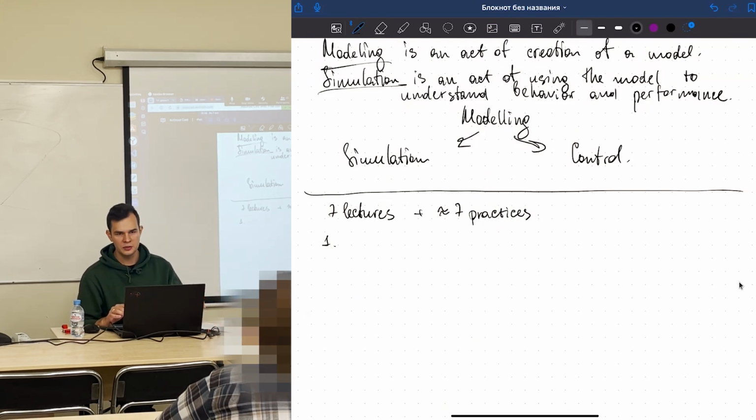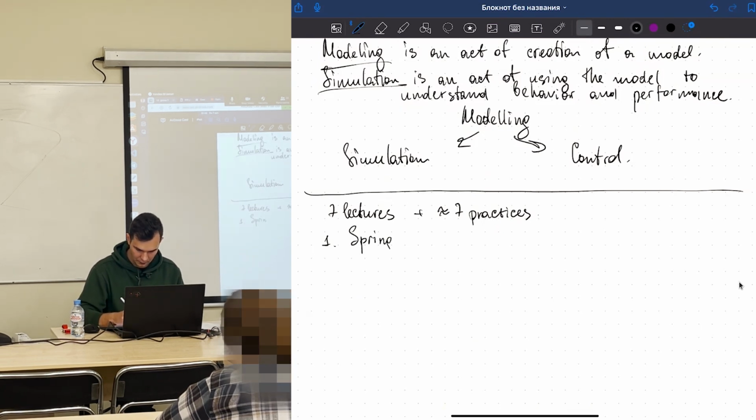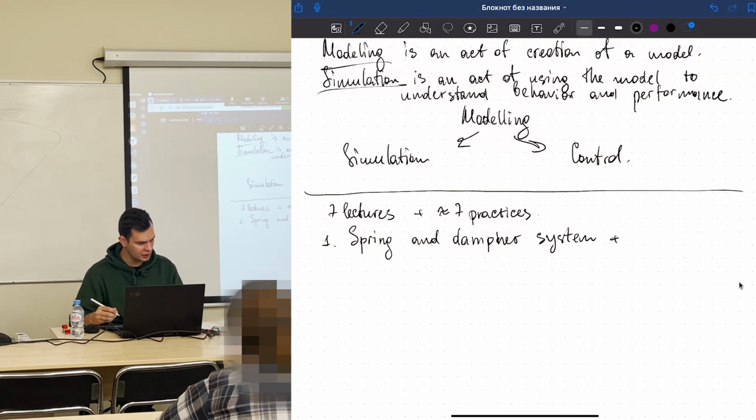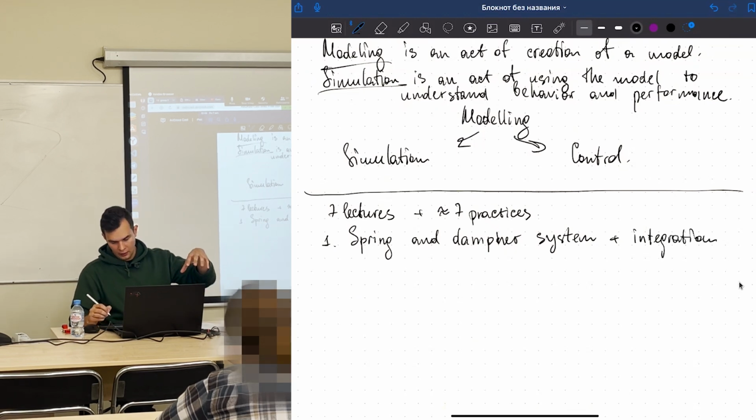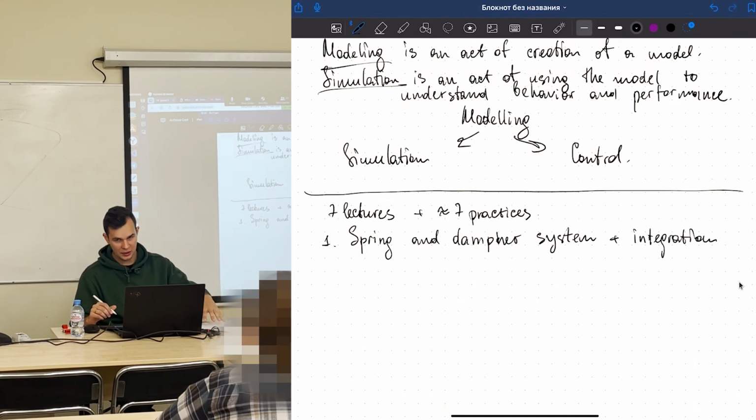We're going to talk about a spring and damper system, plus I'm going to talk a little bit about integration and discrete ODEs, so discrete ordinary differential equations. So any dynamical system described by what?